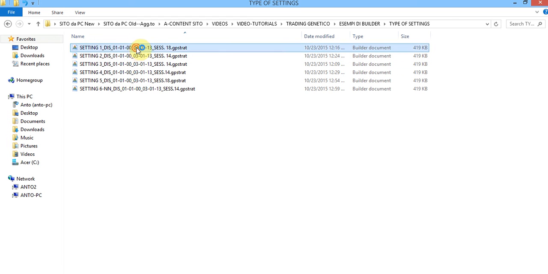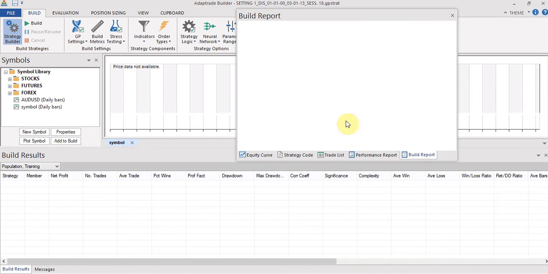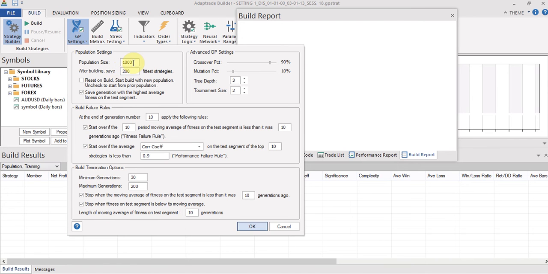For example, just opening the first one, you might decide for the GP to use a not very high population size, such as 1000. I would not advise using a very low population size, such as 10 or 100.